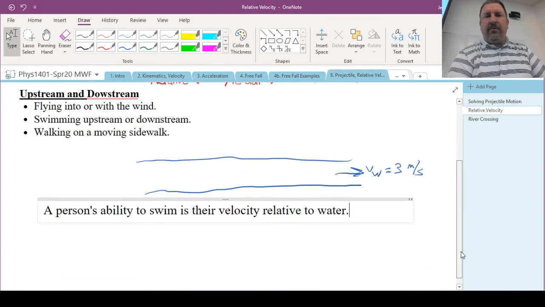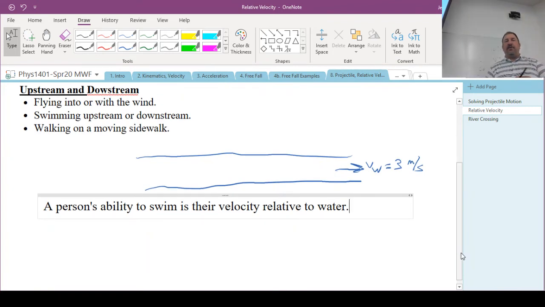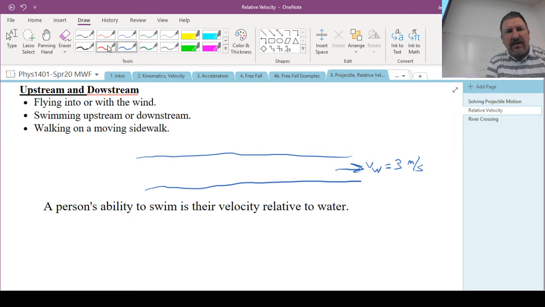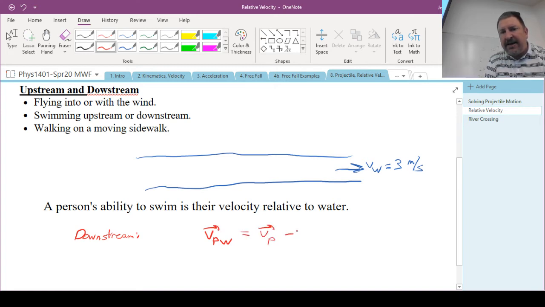I may have made the water too fast, but that's just too bad for the person. So if they are moving downstream, we're talking V person relative to water is equal to V person minus V water.